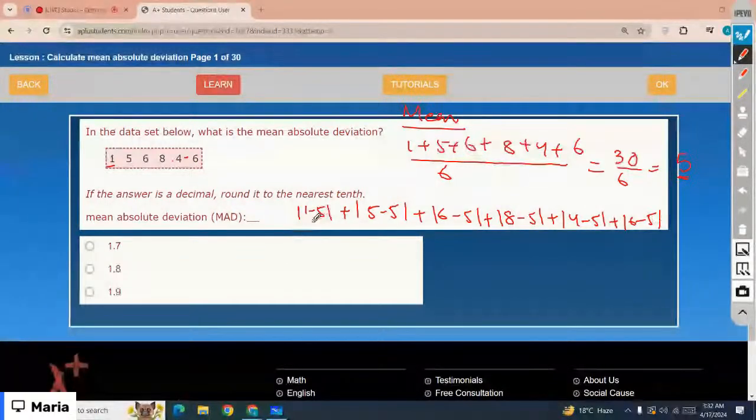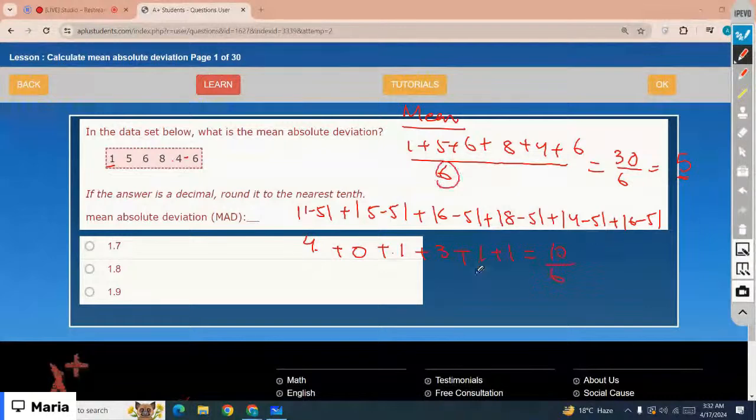So 1 minus 5 is negative 4, but that is an absolute value. Absolute value means all the values are positive. So that is 4, 5 minus 5 is 0, 6 minus 5 is 1, 8 minus 5 is 3, 4 minus 5 is 1, and 6 minus 5 is 1. Just add them all, that is 10, and divide by 6 because they are 6 in number.